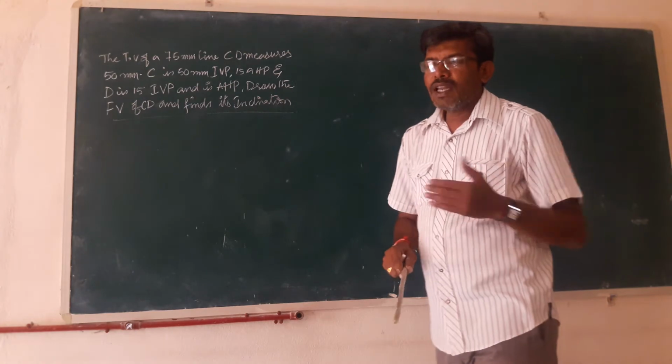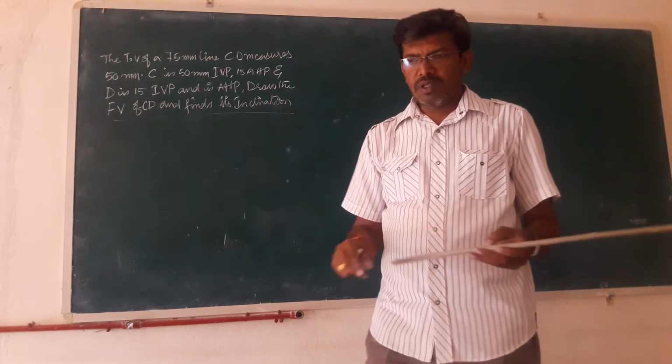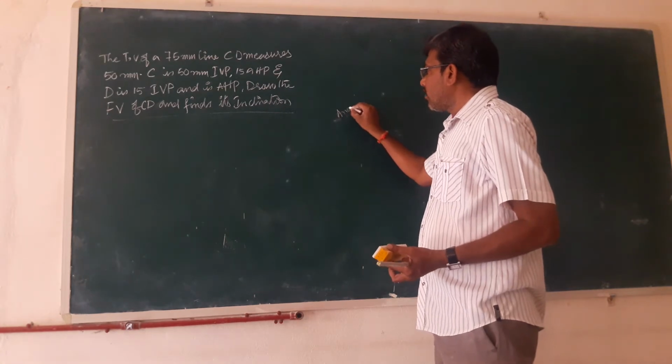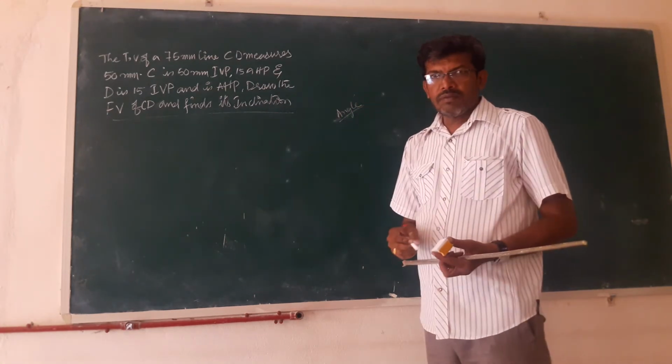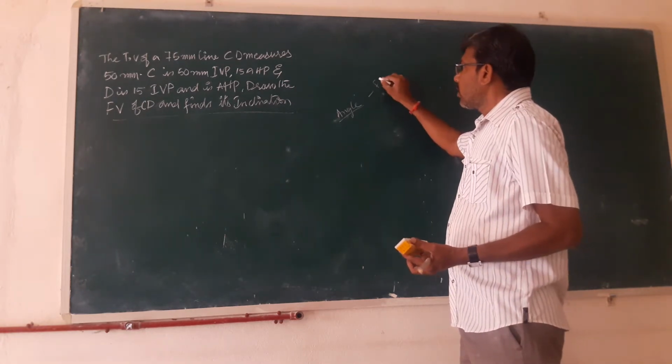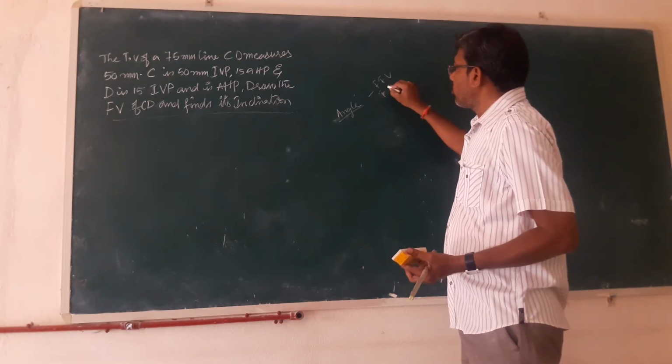So here we have seen three types of problems. One, first of all, the angle of inclination is given, and we have to find the final front view and final top view.